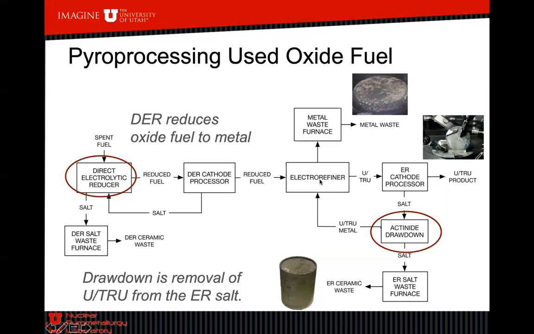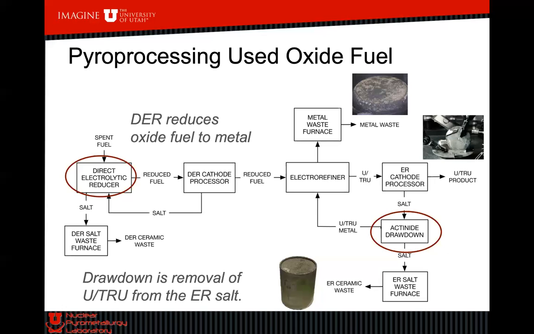You take that to the electrorefiner. The electrorefiner has molten lithium chloride, potassium chloride in it. In the electrorefiner, that metal gets purified. It gets electrorefined from an anode to a cathode, and then you make either uranium, or a mixture of uranium and transuranics.